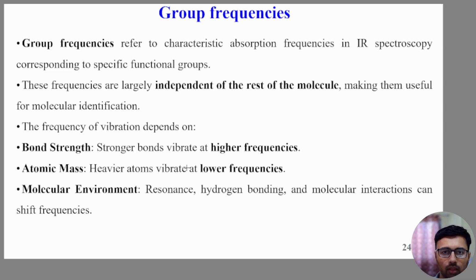For instance, a carbonyl C=O typically absorbs near 1700 cm⁻¹, and the O–H stretch often appears around 3200 to 3600 cm⁻¹. A nitrile C≡N group usually absorbs near 2250 cm⁻¹. These characteristic frequencies act almost like molecular fingerprints.